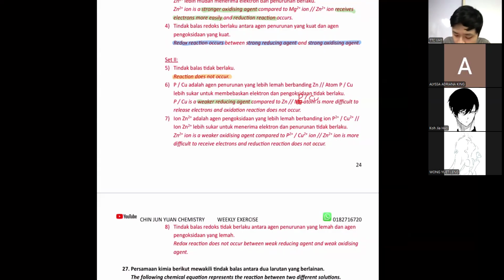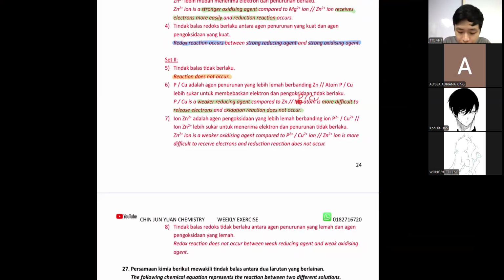P or copper is more difficult to release electron. Oxidation does not occur. You say either one: you say weak agent or you say more difficult to release electron. But I suggest the second method.